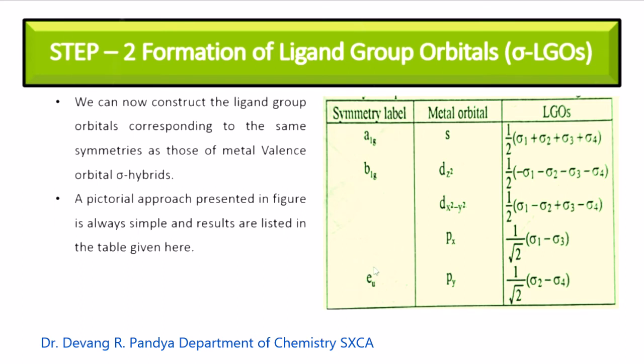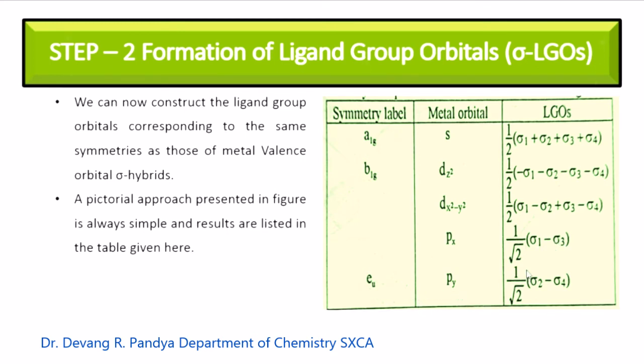Eu is doubly degenerate, that is for px and py. For px, it is 1 upon root 2 (sigma 1 minus sigma 3), with sigma 1 a positive lobe interaction and sigma 3 a negative lobe interaction. We will see this in the pictorial presentation again.